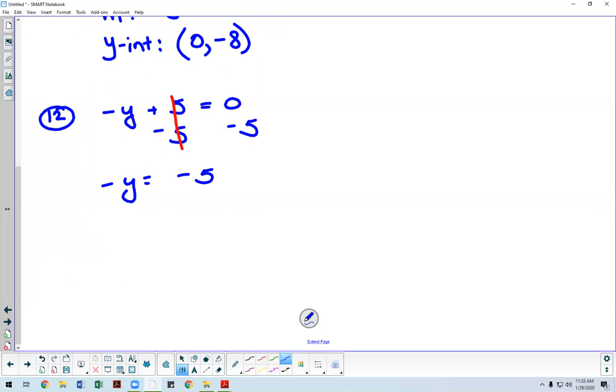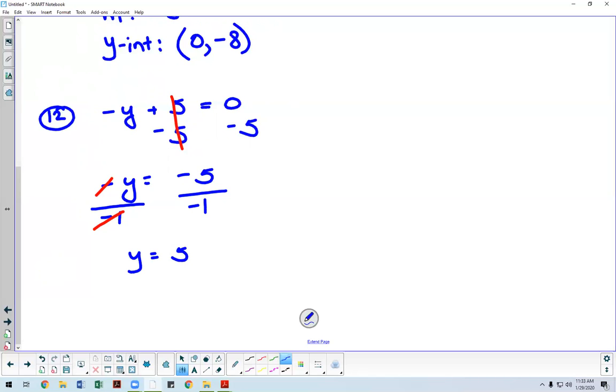Okay, but now I still have that negative sign on the y. Divide by negative 1, so that you can get rid of this negative sign on the y. So this is just y equals 5 then.